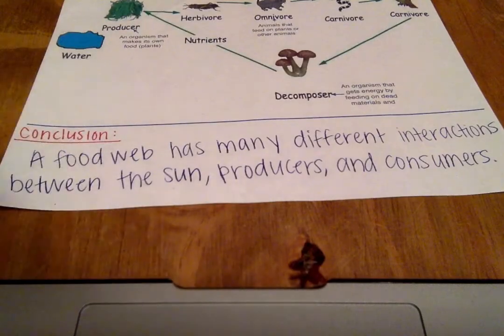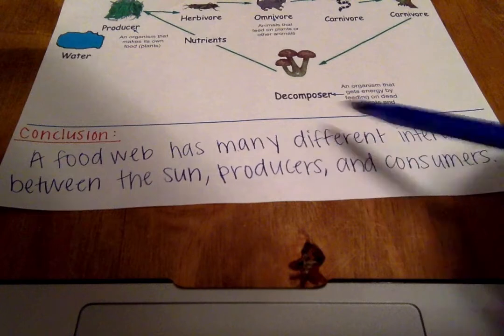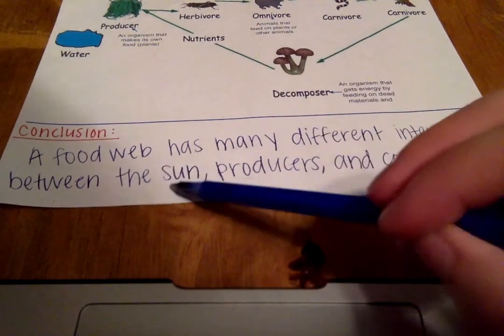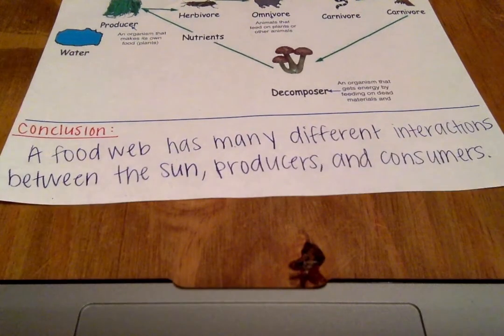So our conclusion is, a food web has many different interactions between the sun, producers, and consumers.